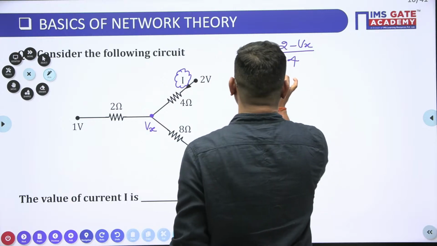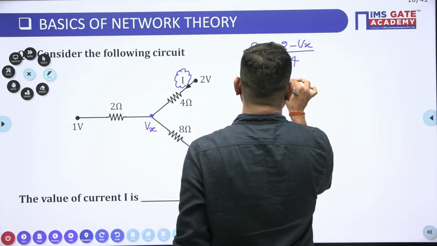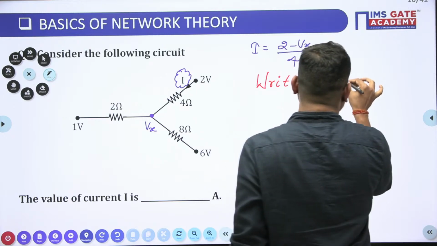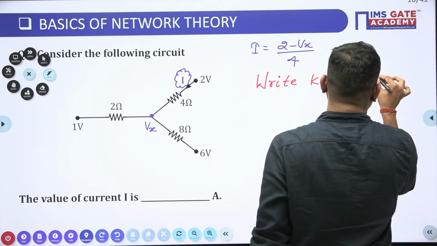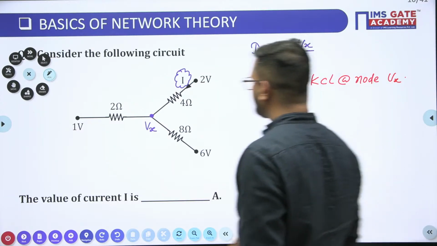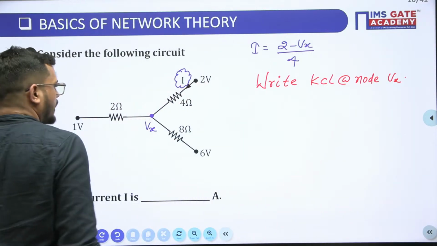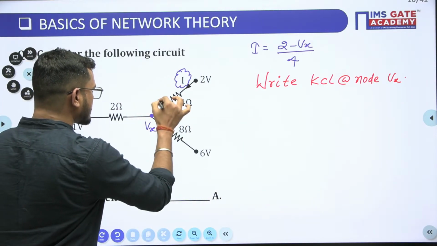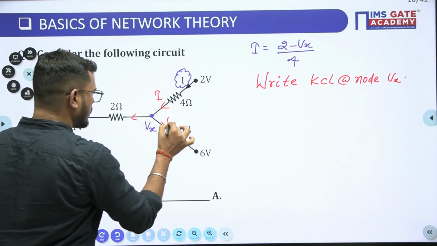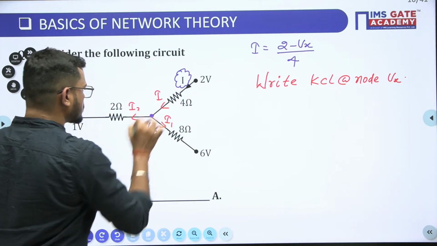So here I'm writing KCL at node Vx. Is it clear? As this current is I, let us suppose this current is I1 and this is I2.